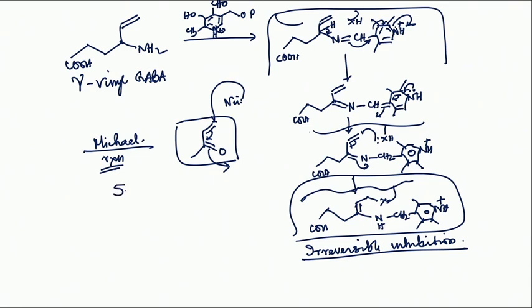I remind you that suicide inhibition is the one where the substrate is processed to some extent, and then it generates a very reactive compound, to which the enzyme side chain reacts. So, that is the case here. It is not only irreversible inhibition, it is a suicide inhibition.